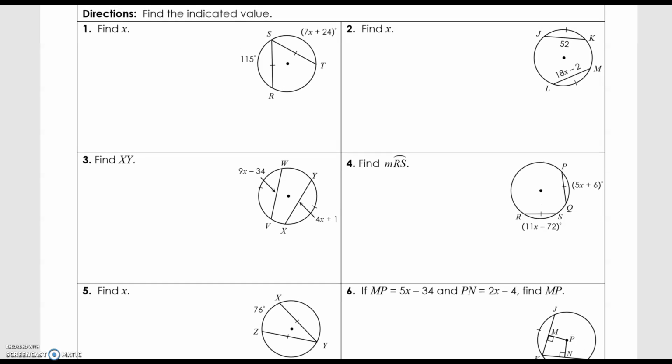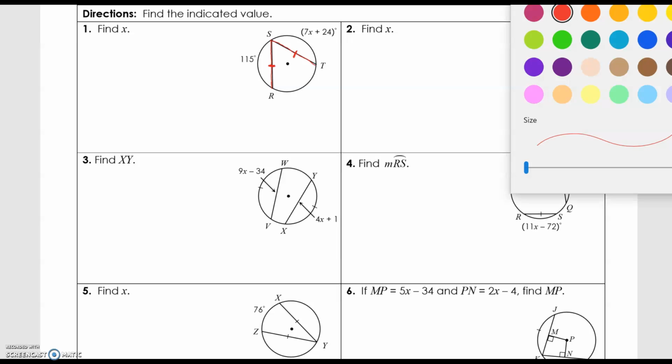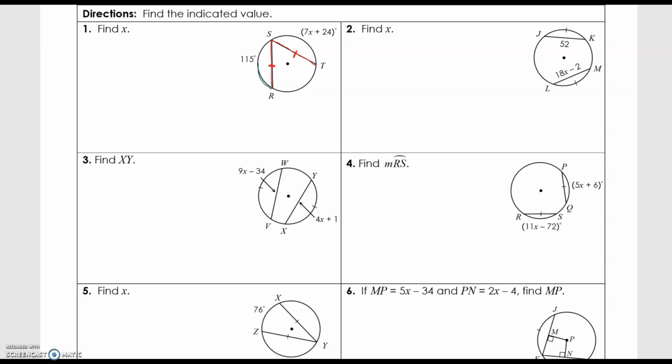What's going to happen is you're going to be given a diagram and you have to solve it based on what you see. So it says find X. I'm looking at this diagram here. I have a tally mark here and a tally mark here, which means that SR is congruent to ST, right? So what that also means is that arc SR is congruent to arc ST. So if SR is 115, I know it's going to be equal to 7x plus 24.